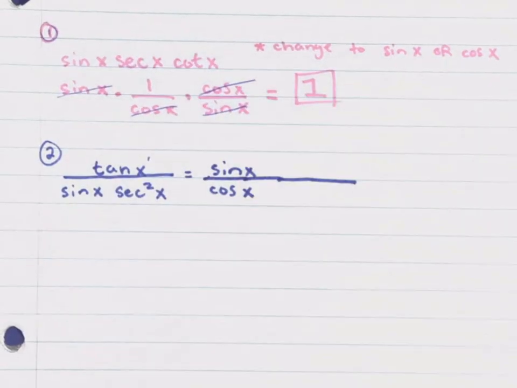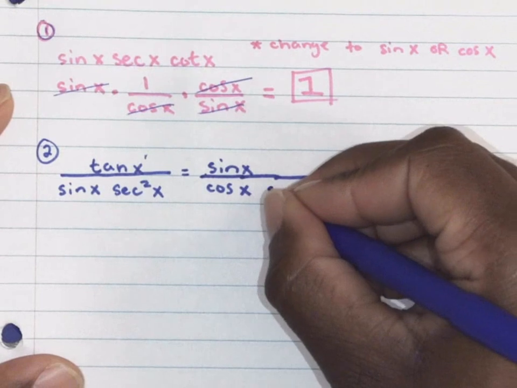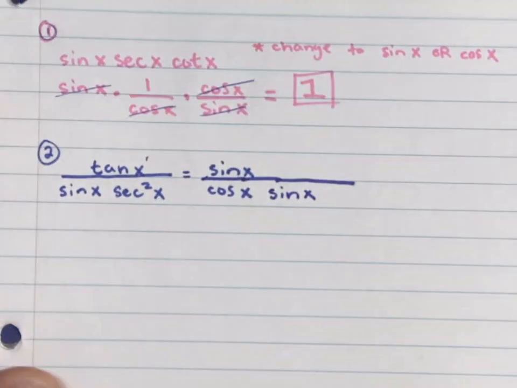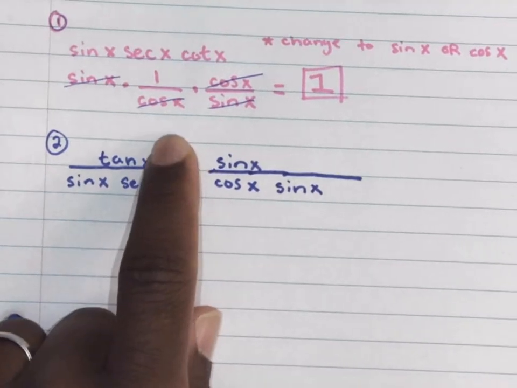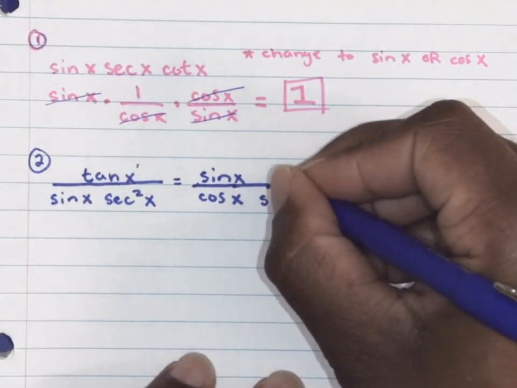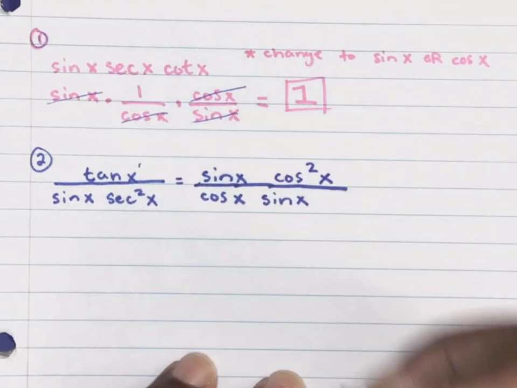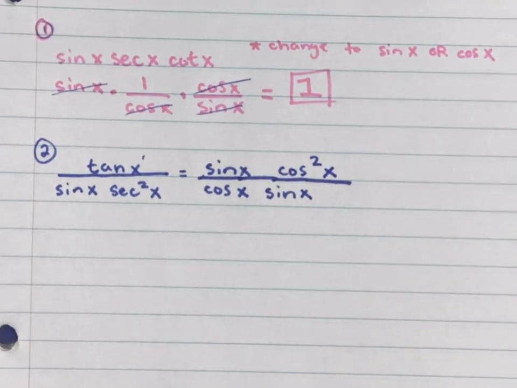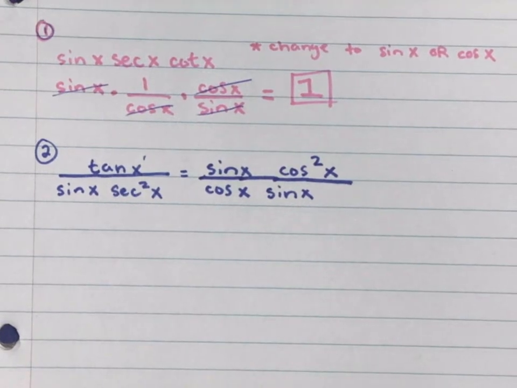All right, so this is my tangent, sine over cosine. I've already got sine down there, and then I'll go to secant, which can come up, and using the reciprocal identity for that, it can become cosine squared, since we have 2 of them. All right, and this is what I am left with. So again, I'll look and see what is canceling out for me.